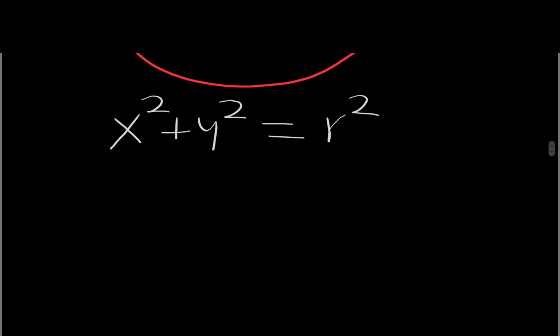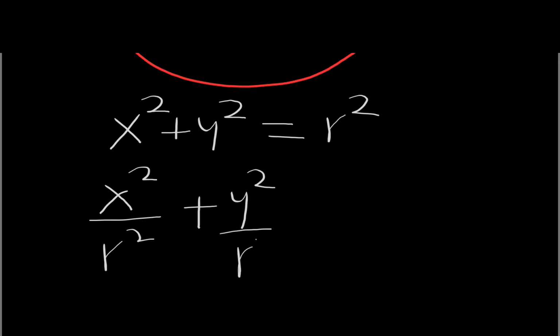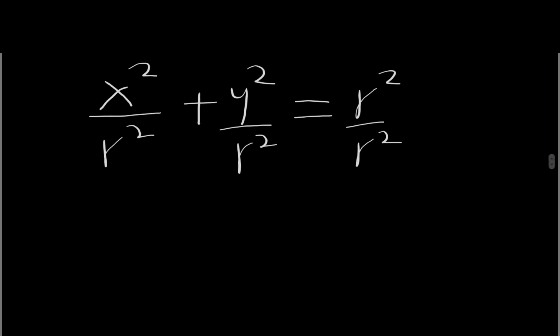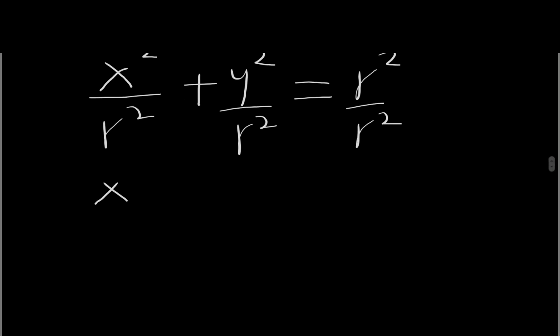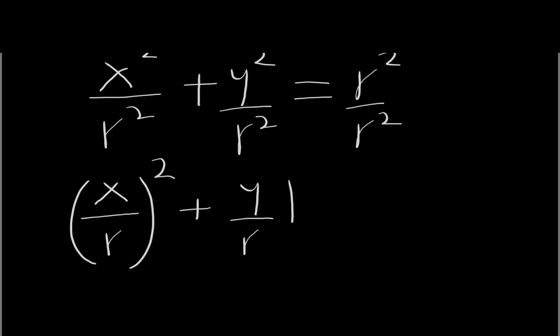So we'll be having x squared over r squared plus y squared over r squared, and this will be equal to r squared over r squared. This is the same as (x over r) all squared plus (y over r) all squared, and r squared divided by r squared, we are going to get what? 1.